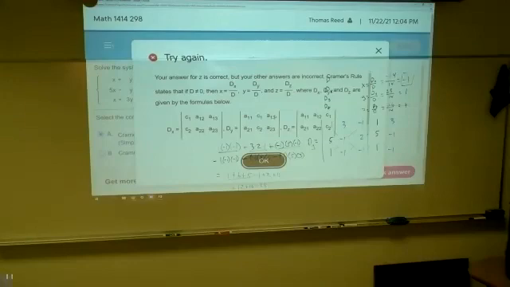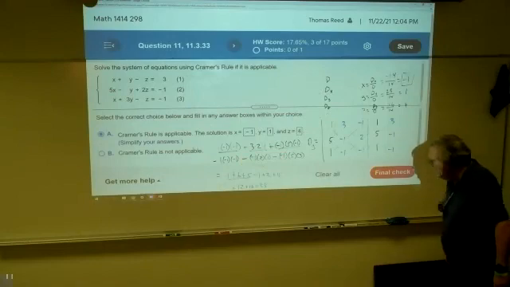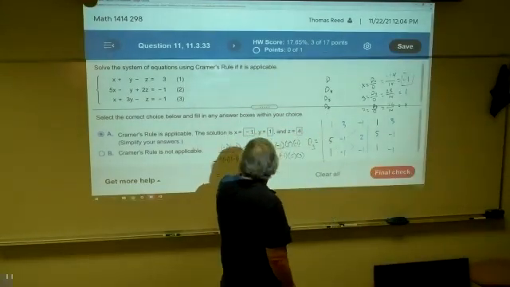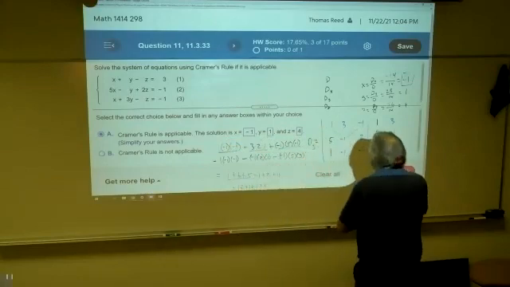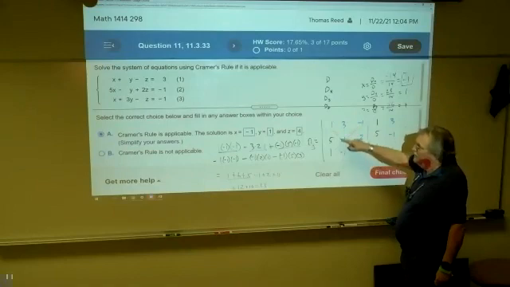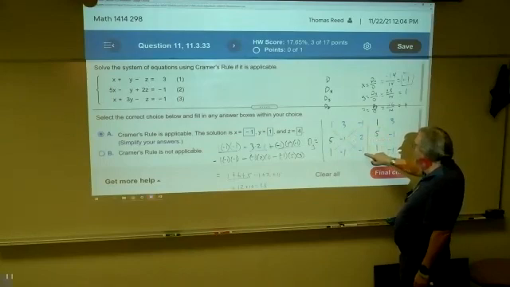What did I do wrong? So this is supposed to be a 1, 5, and 1. This is supposed to be 3, -1, and -1. -1, 2, and -1.